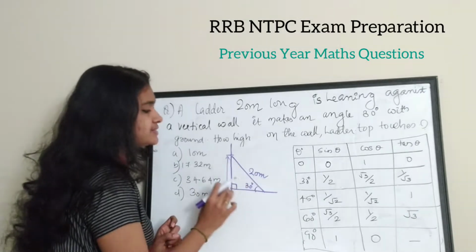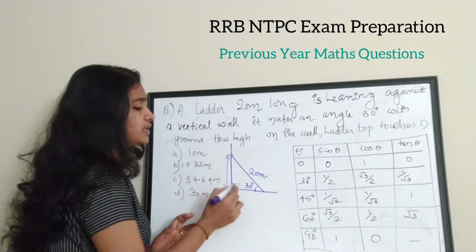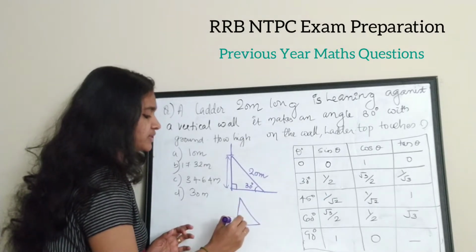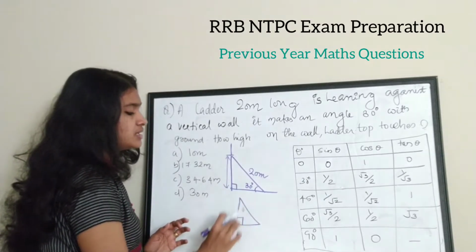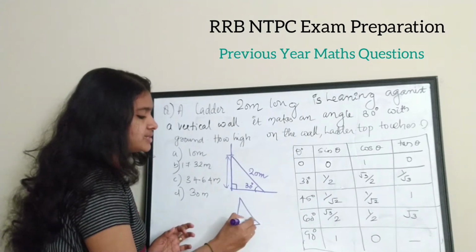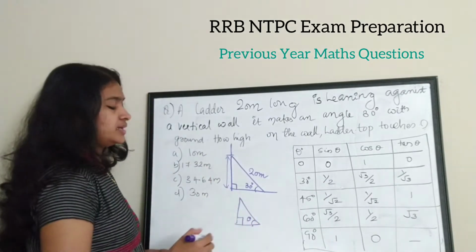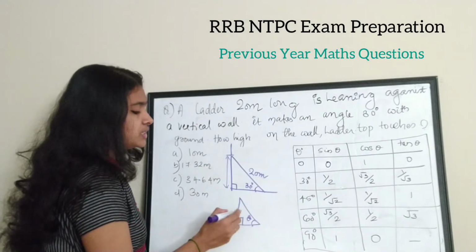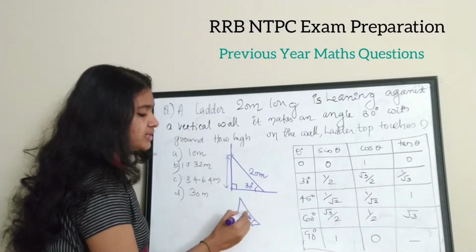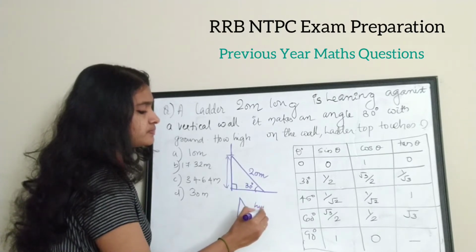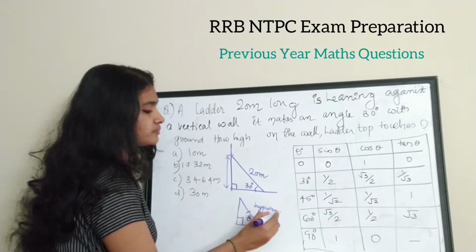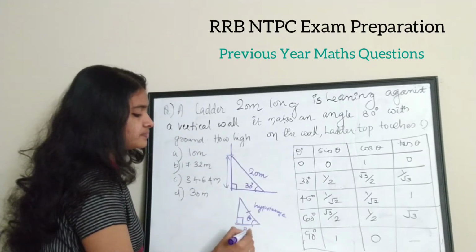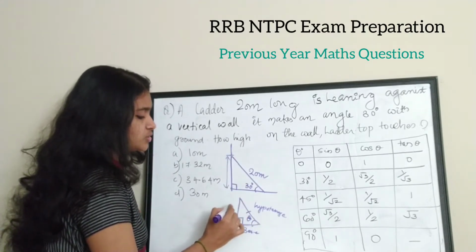Okay, so this is the 90 degree. If you consider this triangle, I'll draw another triangle for explanation purposes. So this is the 90 degree, and say this angle is theta. The side opposite to the 90 degree is the hypotenuse. This is the base, and this is the altitude.